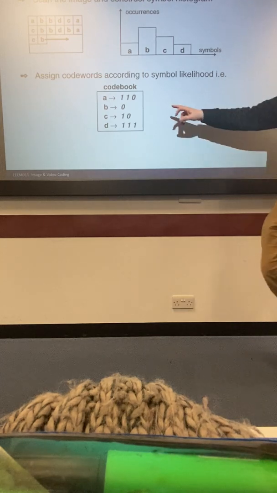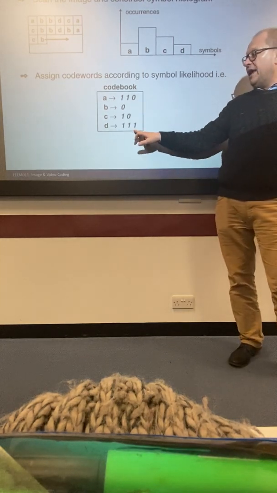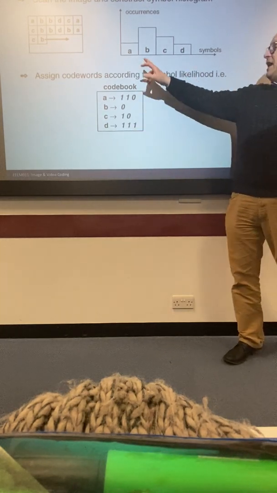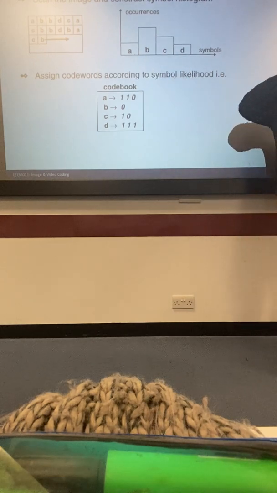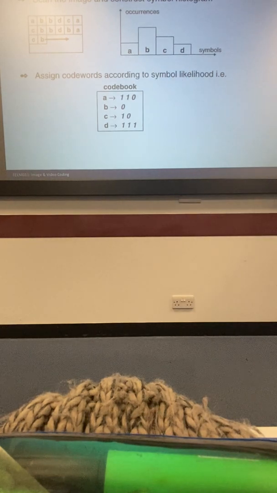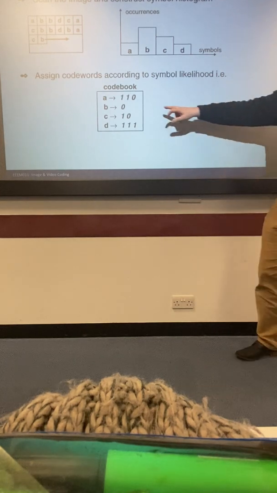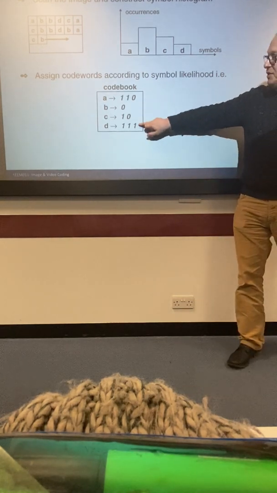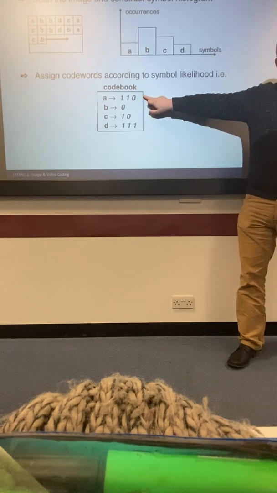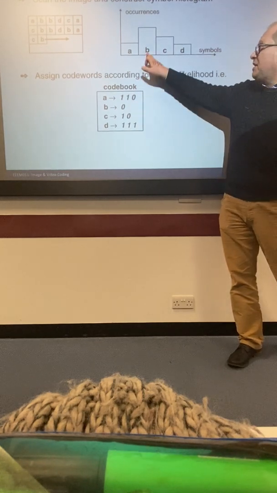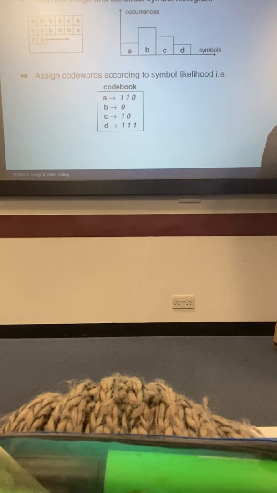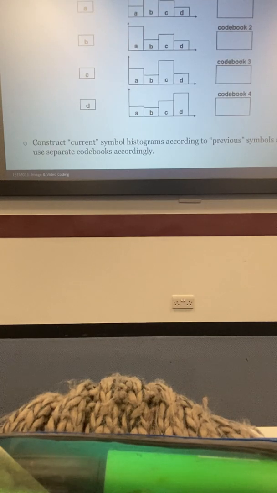And I have 3 bits, which is more, for A and D. So I'm hoping that A and D are so infrequent, happen so rarely, that it won't happen very often that I need 3 bits. And I hope that B, as I see here, will come very often, so very often I need 1 bit. So overall, I'm good. That's the idea of lossless coding in a spatial domain. Okay?